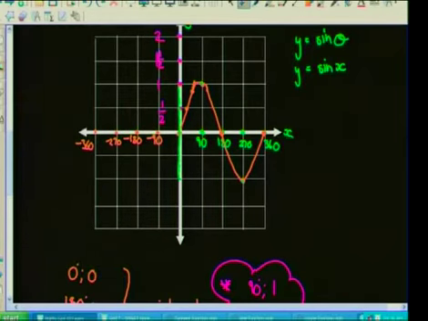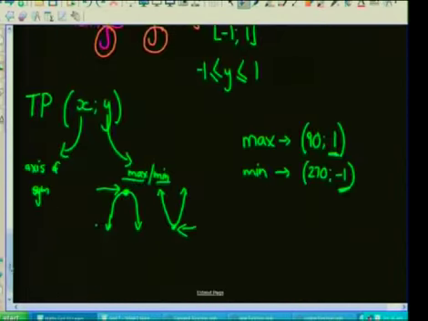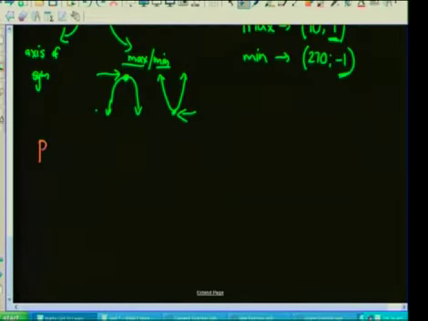So here where you've got 90 and 1, here you're going to have minus 90, minus 180 and 0, negative 270, positive 1. So it's the opposite values. And what happens is you get this, okay? And this is now your full cycle. So what we say is the period of your sine function is 360 degrees.